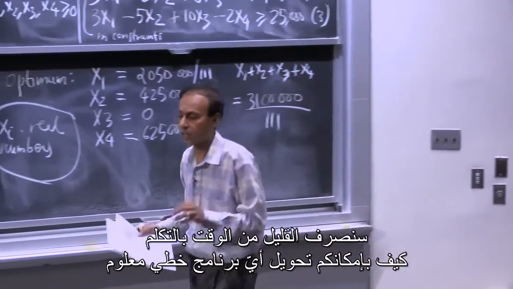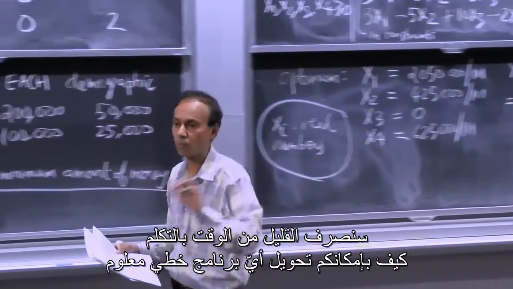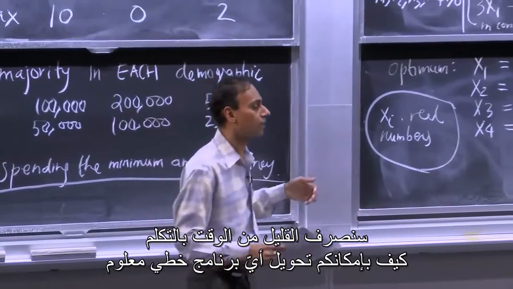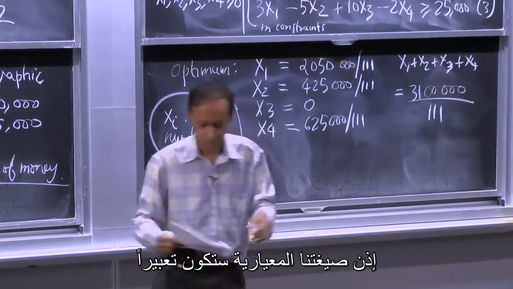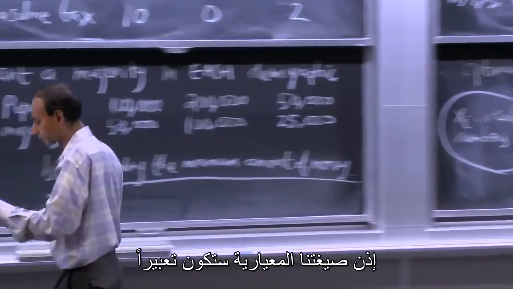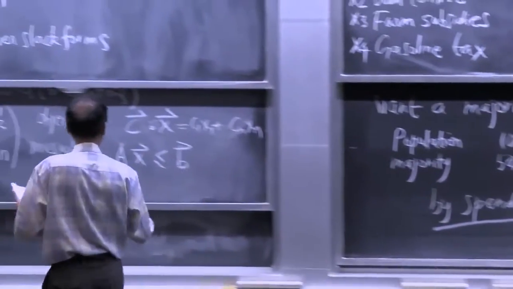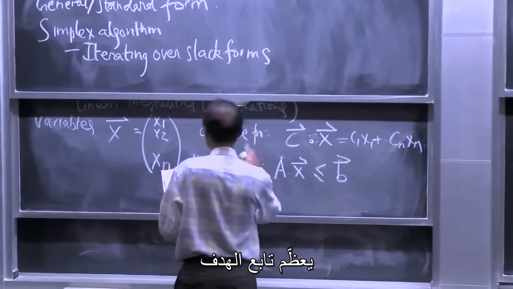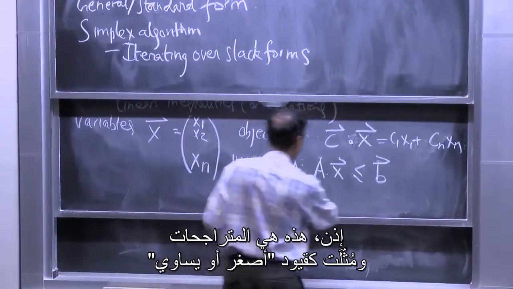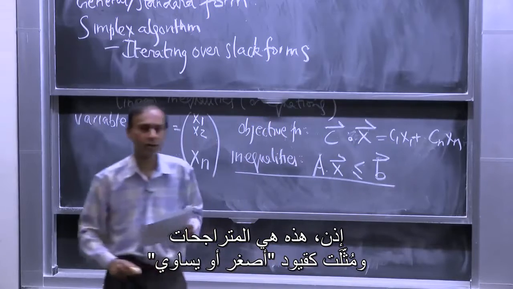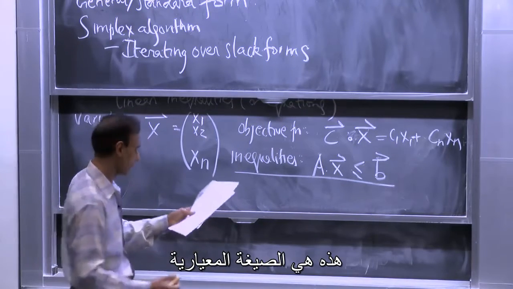We'll spend a little bit of time talking about how you can transform any given linear program into a standard form. Our standard form is going to be something that maximizes the objective function. These are our inequalities, and they're represented as less than or equal to. That's the standard form.